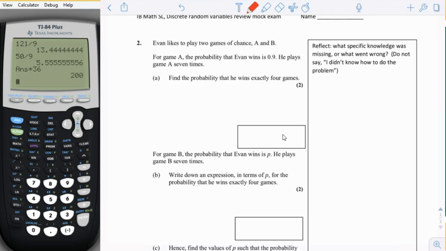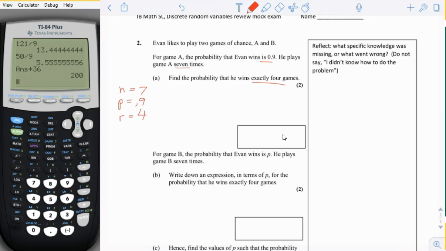The probability that he wins exactly 4 games means that n is equal to 7, right? P is equal to the probability he wins once, which is 0.9. And then R, which is the number of successes, is exactly 4 games. Okay?